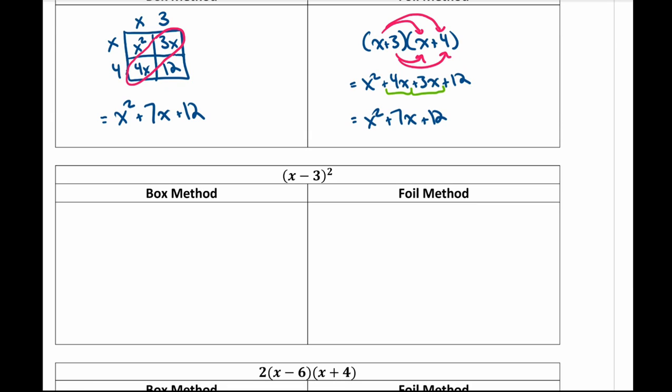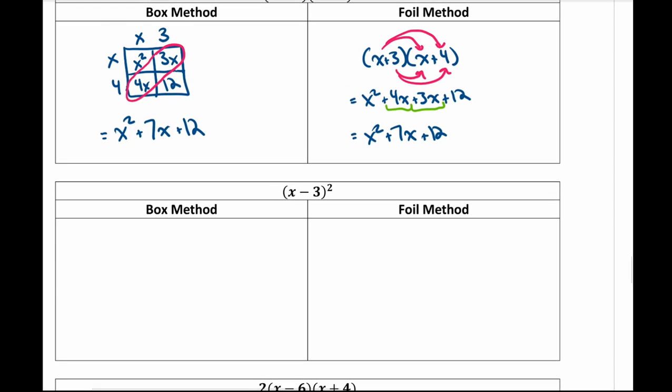For the box method, for the next example, x minus 3 squared, it's going to be the same thing. However, we don't see two brackets, but keep in mind this squared means that x minus 3 squared is x minus 3 times itself, x minus 3 again. So we now have our two brackets.